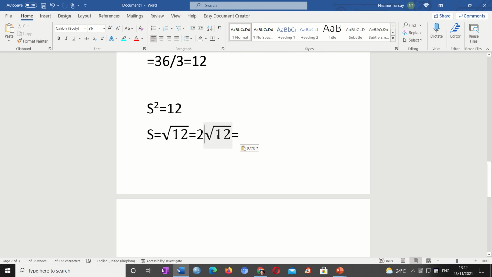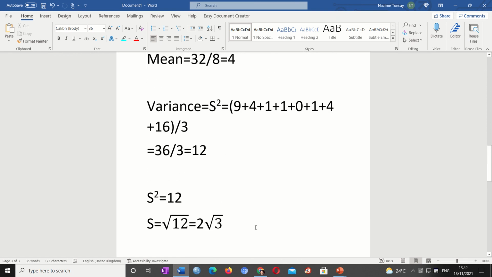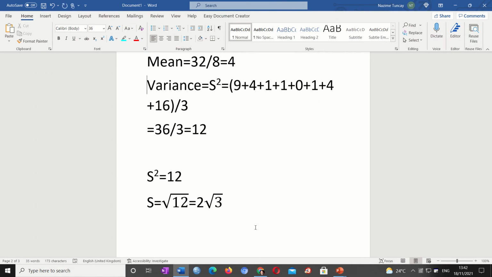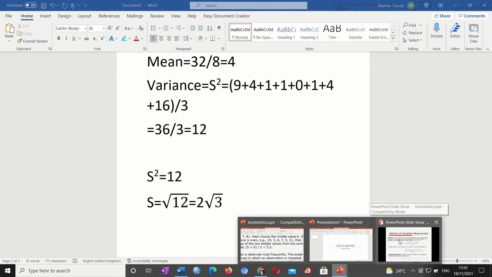I can write it like that, 2 square root of 3, right? Okay. Good. Yes, that's how we find it. Okay, so let's continue with our presentation.